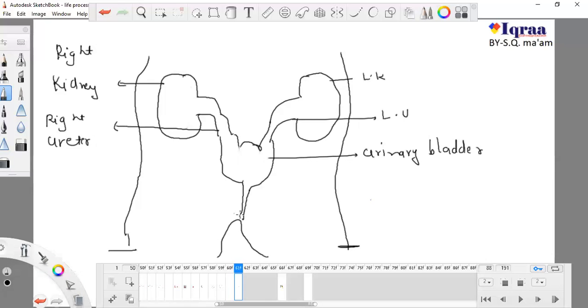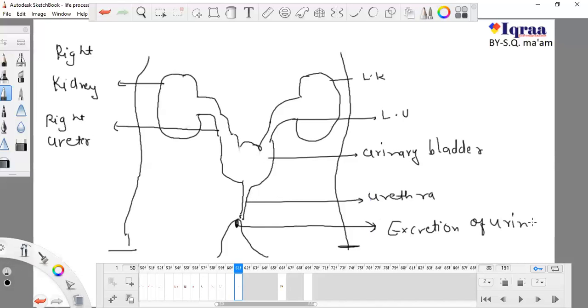And the urinary bladder opens into a very thin pipe which is known as the urethra, and this urethra opens into the external opening of urine, via which we excrete urine. So this is excretion. Here there is excretion of urine. It is controllable in adults, but it is not controllable in children.